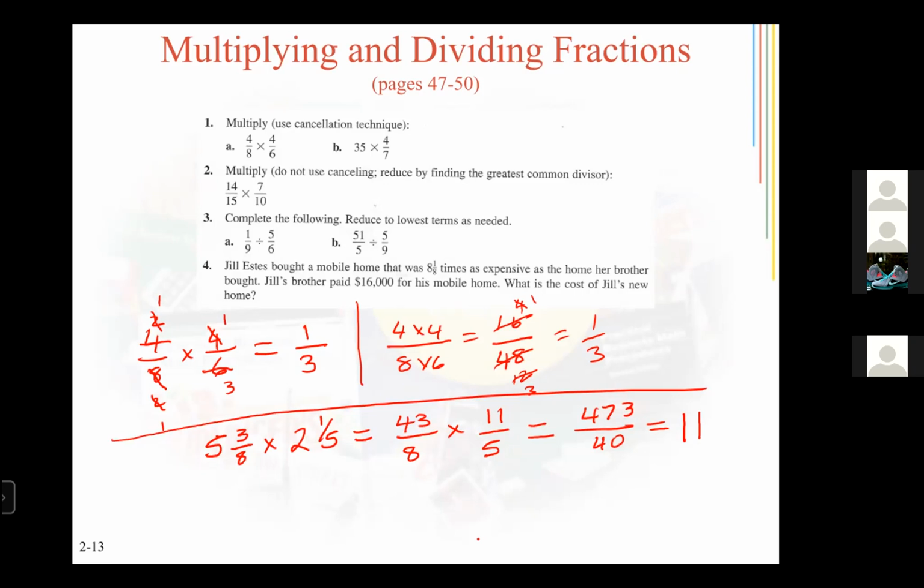Okay, 40 into 47 goes once, remainder 7, and then we say 40 into 73. You're going to have 73, so 40 into 73 is 1. So what's your remainder?